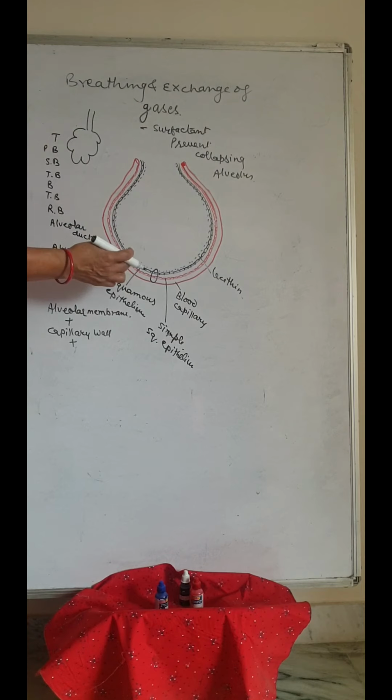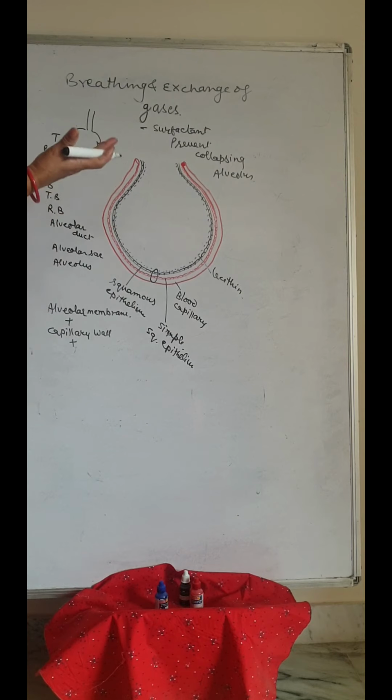The epithelial cells have a basement membrane. They are set upon the basal membrane. For example, these are the basal membrane, and the epithelial cells line over the basement membrane.